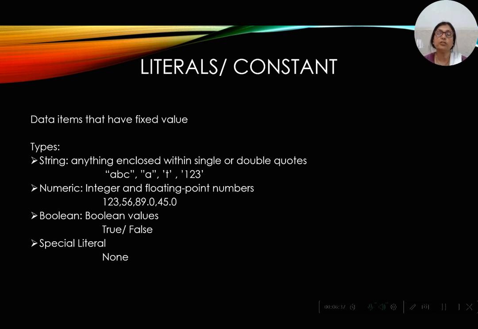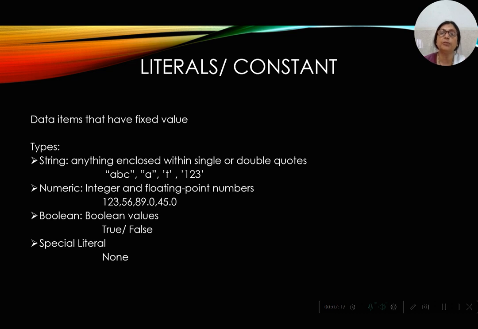The next token is literals. The other name is constant. What are literals? Literals are data items that have a fixed value. There are different types of literals: string literal, numeric literal, boolean, and special literal. String literals are values enclosed within double or single quotes, for example ABC, CAT. Even numbers within double or single quotes become strings. Numeric literals are of two types, integer and floating point numbers.